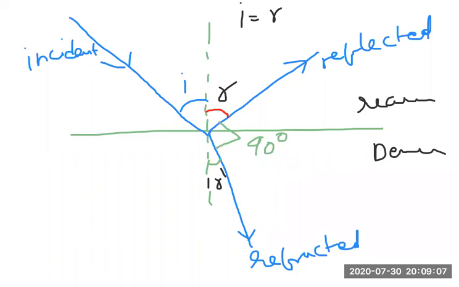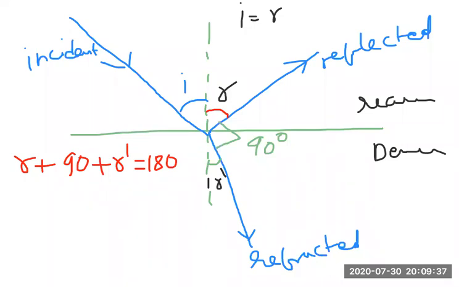That angle is R dash, the refracted angle here. And after this, what we have to notice is that the sum of the three angles, R plus 90 plus R dash, is equal to 180.